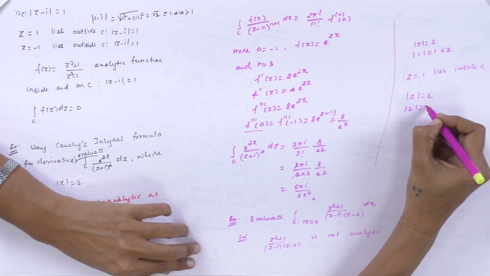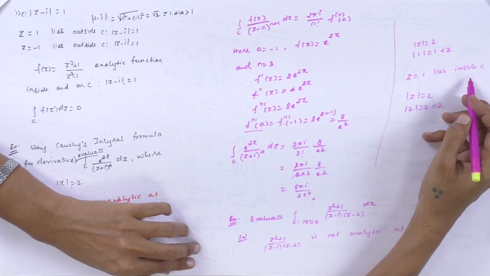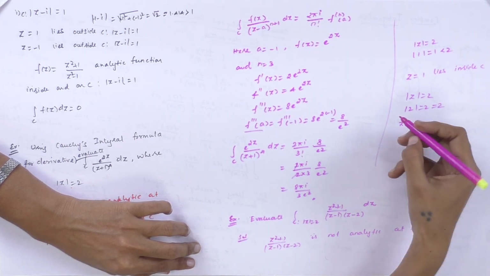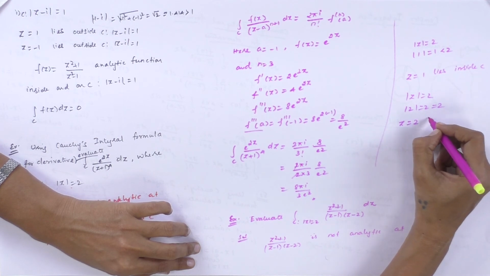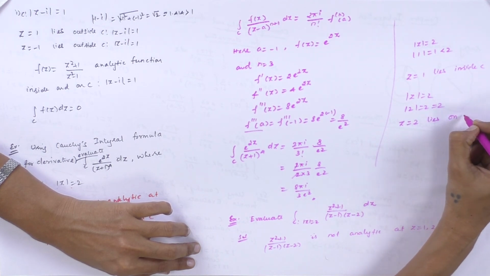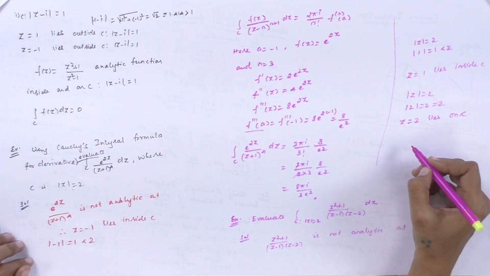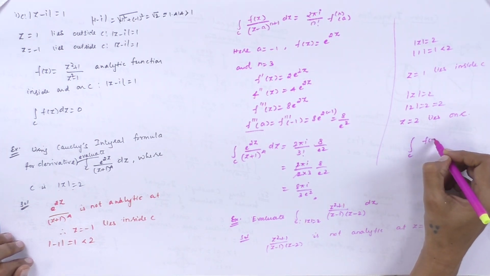Modulus of 2 is 2, so 2 is equal to 2, therefore the point z equal to 2 lies on the circle C.